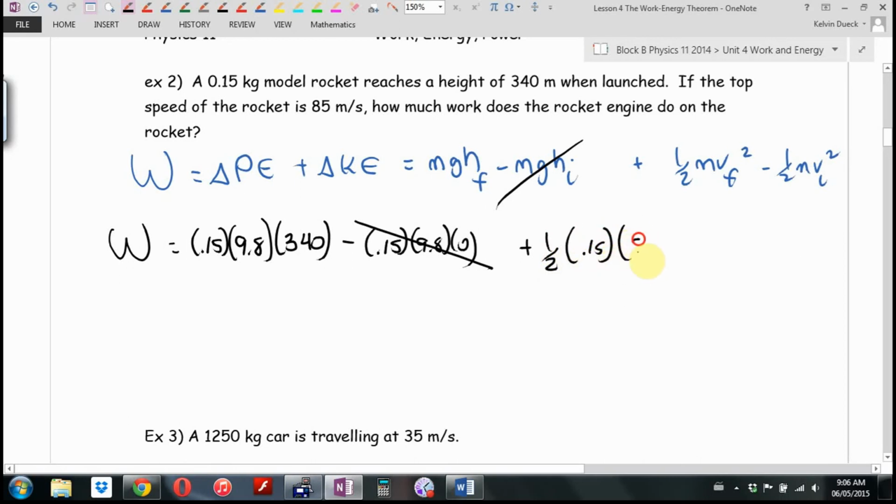Final speed looks like it's 85 squared. What's the initial speed of a rocket when it's sitting on the platform? Okay, so I can cross that out too. Starts at rest. How much work?